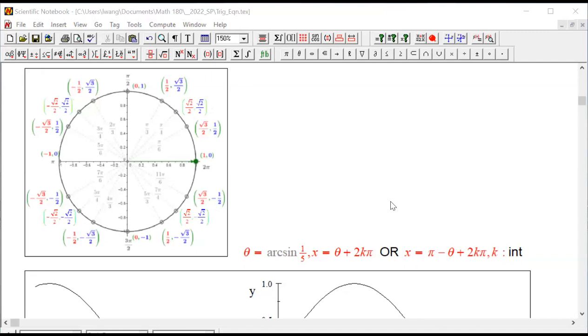Let's identify the red √3/2, negative √3/2, negative √3/2, positive √3/2. And we got to identify 4 terminals.